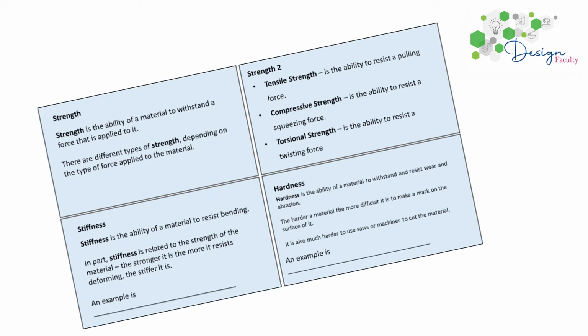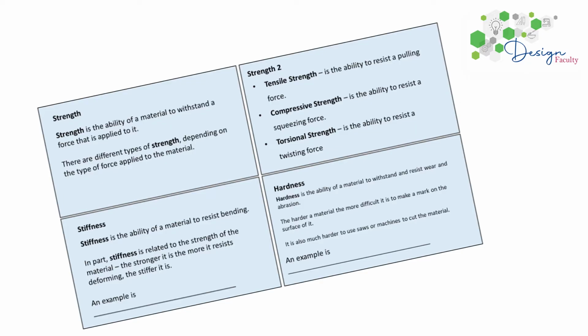So stiffness, for example, stiffness is the ability of a material to resist bending. Okay, and in part it's in relation to the strength of the material. The stronger it is, the more it resists deforming, the stiffer it is. Then I've put a space there for an example. So that's where I want you to think of an example of a material that has a lot of stiffness to it, a particularly stiff material that really resists bending, and put an example there for me.